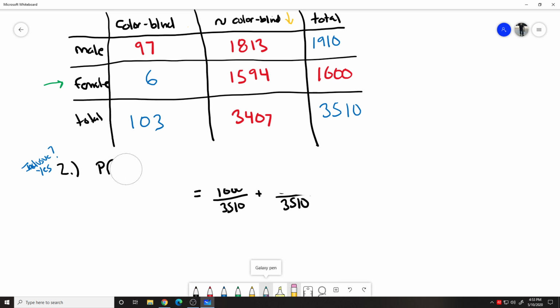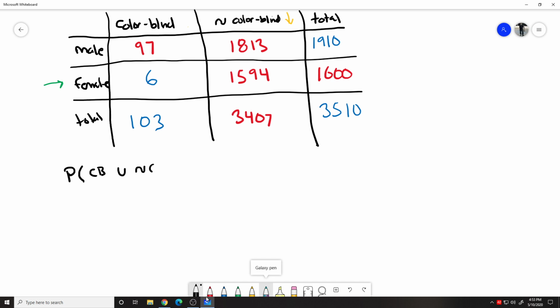Let's ask something else. If I pick a person at random, what's the probability that this person is colorblind or not colorblind? Colorblind is a column going down.